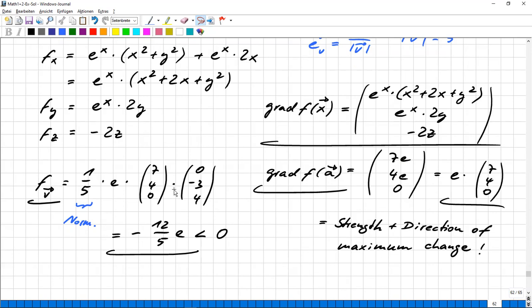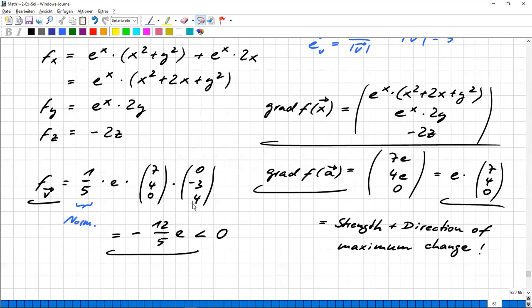The point is that the scalar product takes into account the angle, in this case a spatial angle, between this gradient and the desired direction. And the larger this angle is, the lower the cosine of this angle will be. And this is what's included in the geometrical version of the scalar product.